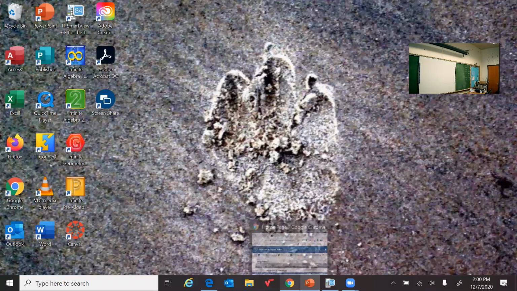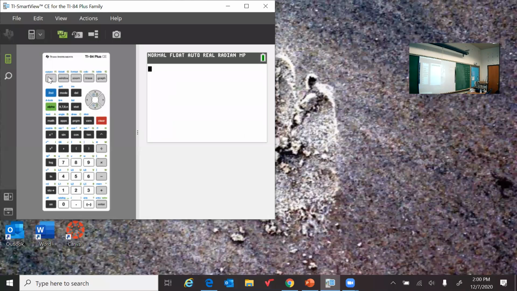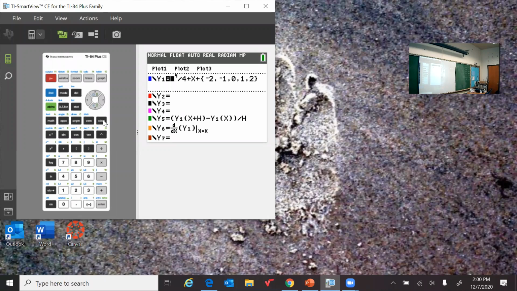If I do this, ready? What was your numerator? The square root of P times 1 subtract P. So I'm using X's because I'm in function mode.